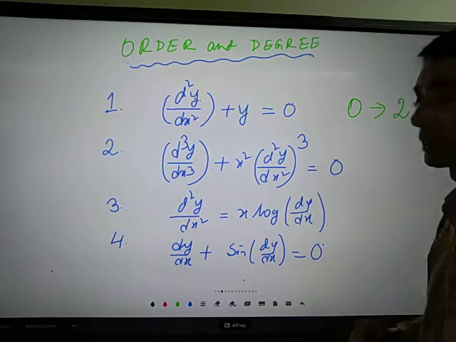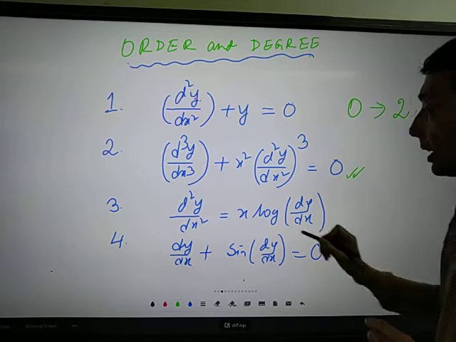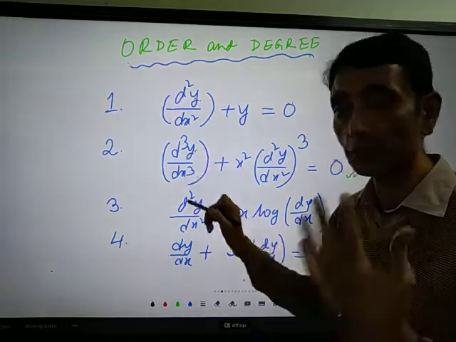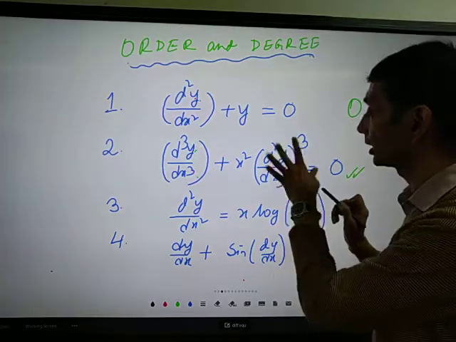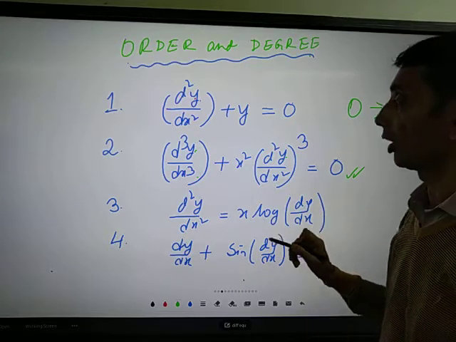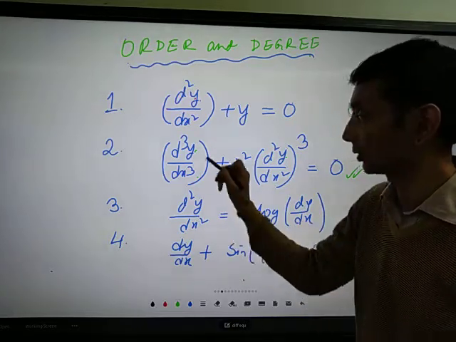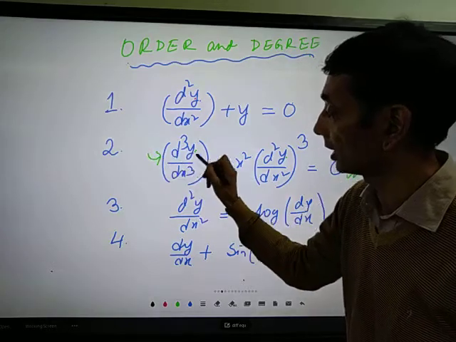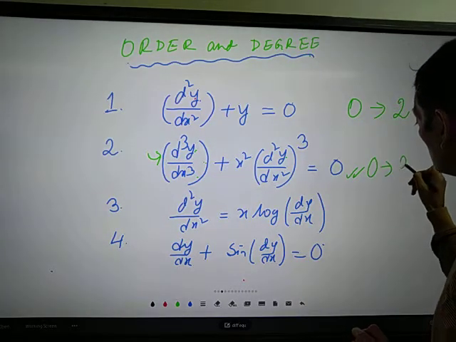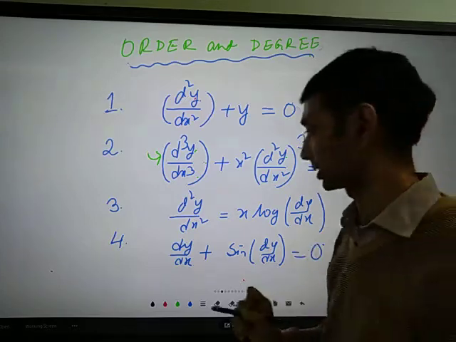In the second equation, there are two terms involving derivatives. Here you are differentiating y 3 times, here you are differentiating y 2 times. According to the definition, the order is that of the highest order derivative, so the order of this differential equation is 3, a third order differential equation.